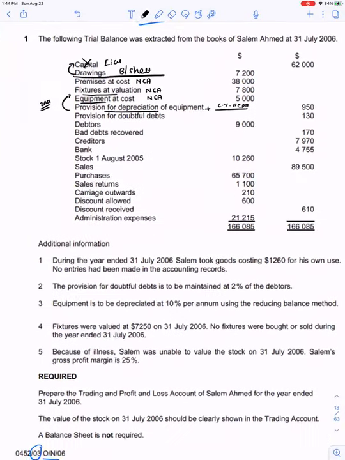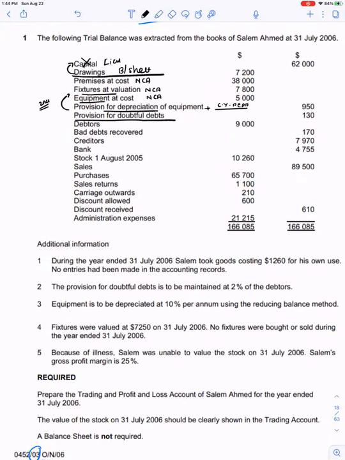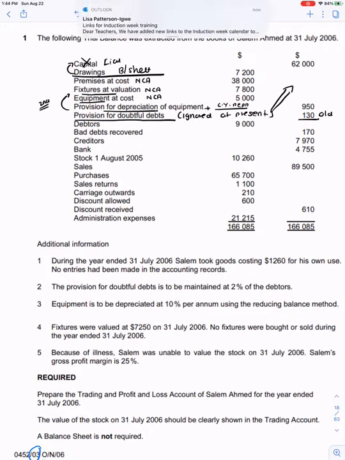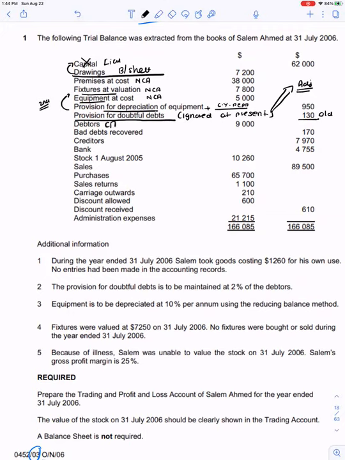Provision for doubtful debts in the trial balance is always the old provision. It is ignored at present, but after seeing the adjustments, we decide what to do. Debtors is a current asset.